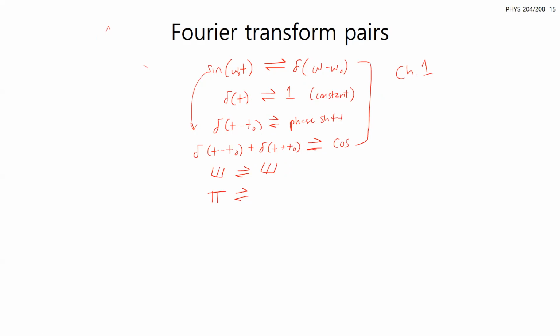Yeah, Dina says a Sinc function. Then there's the square wave, which we didn't talk about. The square wave is going to be very similar to the top hat, but periodic as well. So its Fourier pair is going to be pulses with amplitudes that scale like this Sinc.